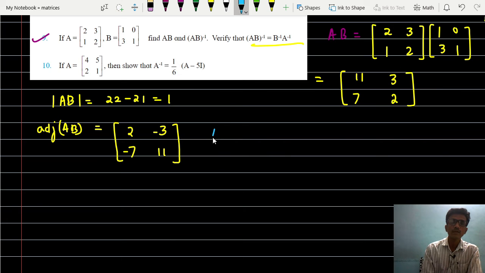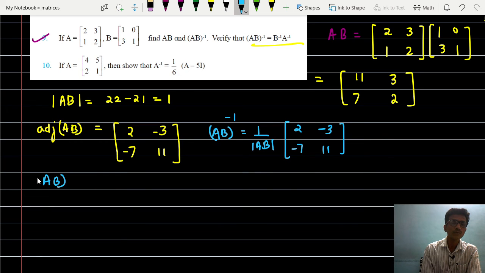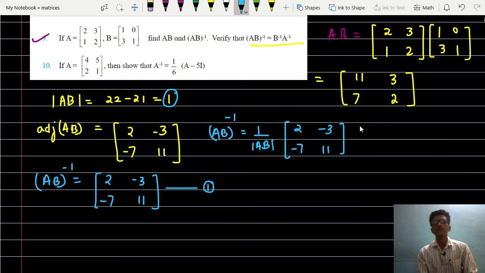Therefore (AB) inverse is equal to 1 upon the determinant of AB, which is 1, into the adjoint: 2, -3, -7 and 11. This is our (AB) inverse, the LHS.